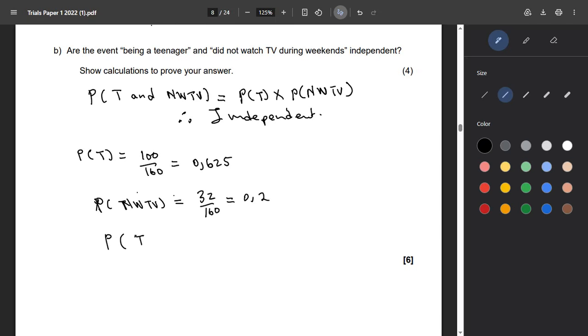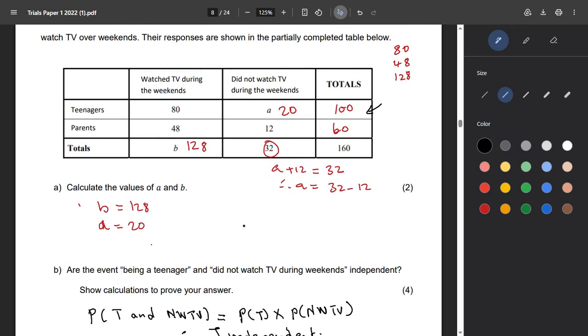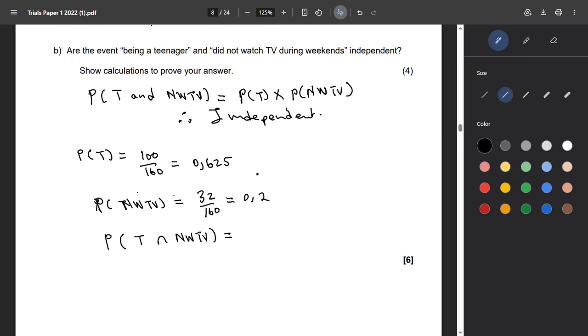This is the intersection: you are a teenager and you don't watch TV. So let's go back to the board and look at being a teenager, not watching TV. That's 20. It will be 20 over 160.